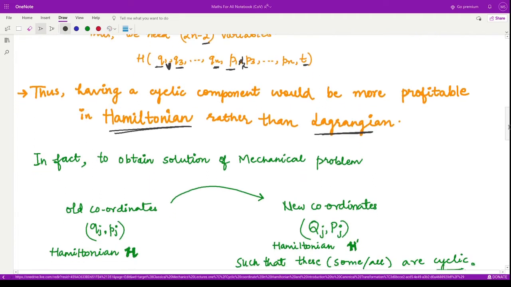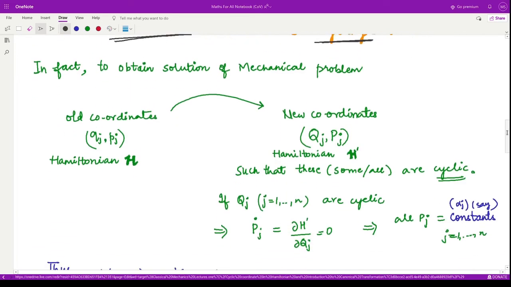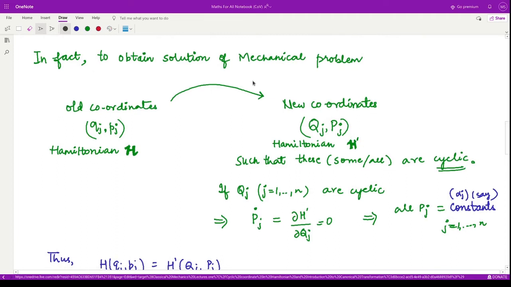In fact, there is a result saying that if we have to solve any mechanical problem, we have some old coordinates consisting of generalized coordinates and generalized momenta.